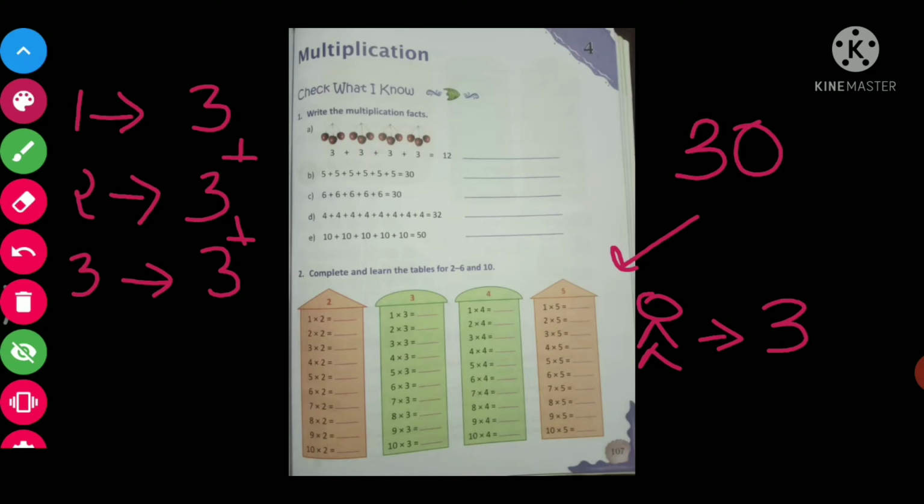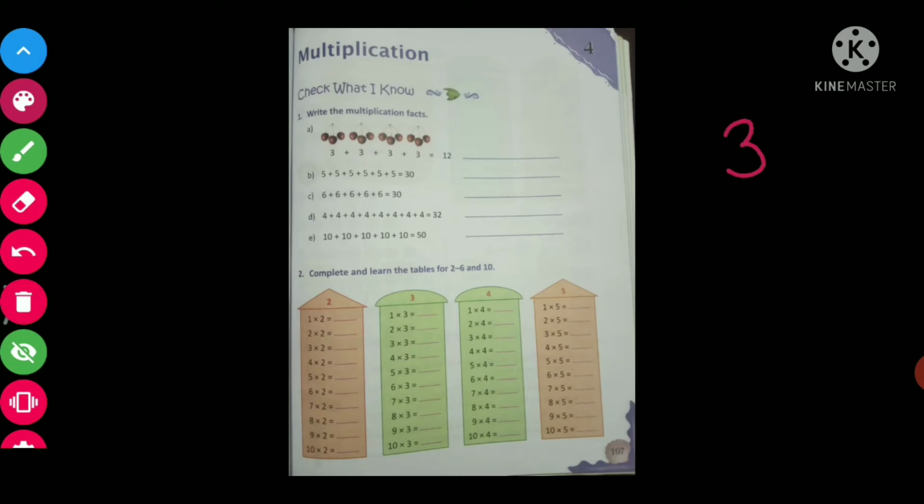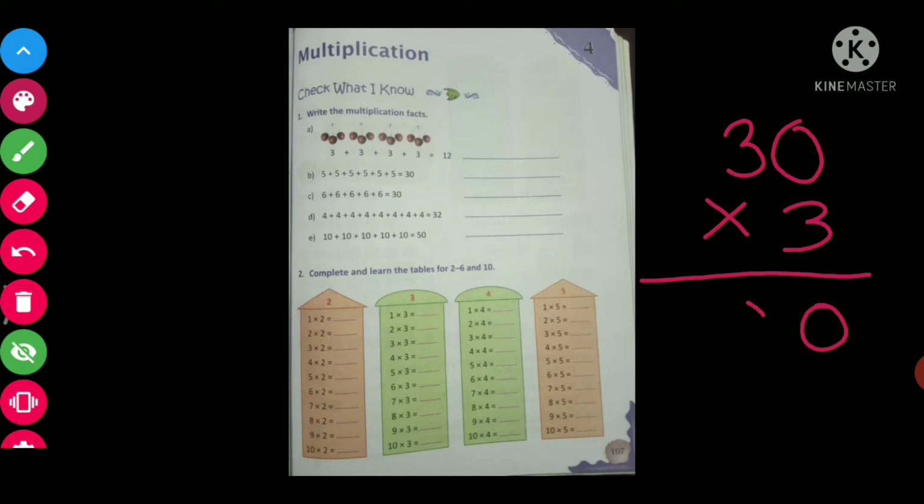We take the total number of students, that is 30, and each student gets 3 chocolates, so we multiply 30 with 3. 3 zeros are 0, 3 threes are 9. So what did we get? 90. That means if you take 90 chocolates, then you can easily distribute 3 chocolates to every student.